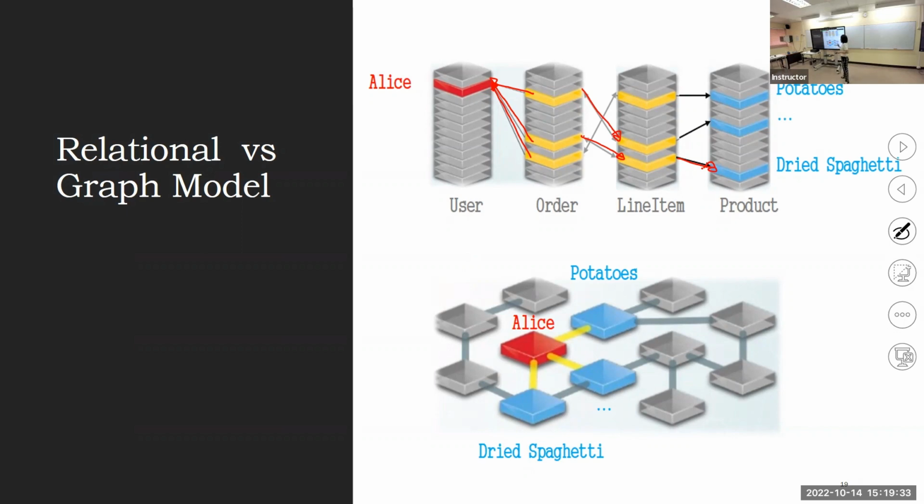If you need to find out what Alice normally has bought, so that you can make a recommendation, because, oh, okay, Alice usually buys potatoes and dry spaghetti and so on. So when you want to do a suggestion or recommendation to Alice, you should suggest something based on her previous history of buying, right?